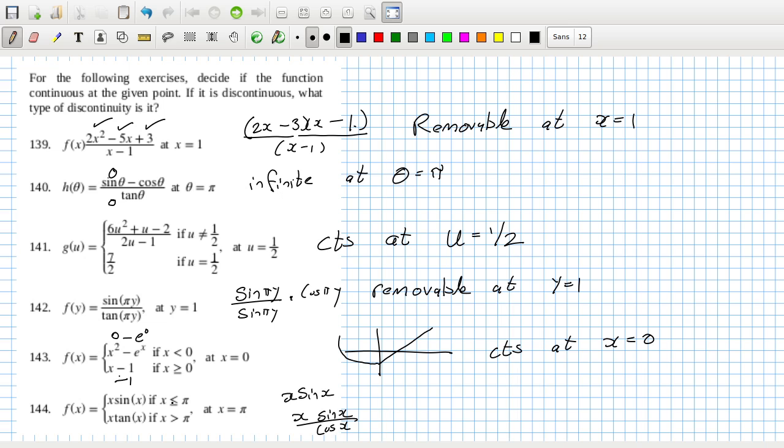So when x is a little bit less than pi, this is trying to approach 0 from the left, and then from the right, oh, this is an interesting one now.